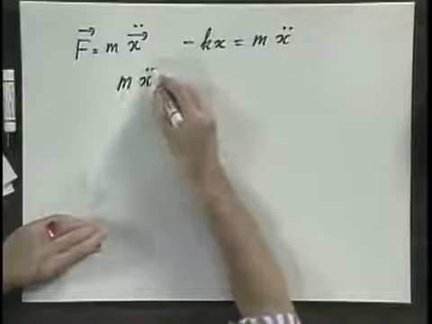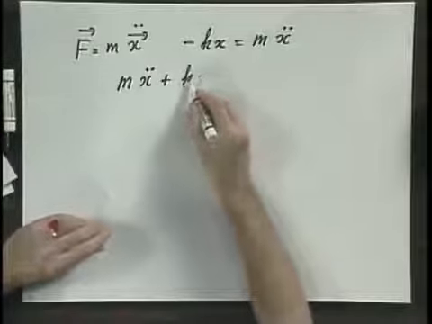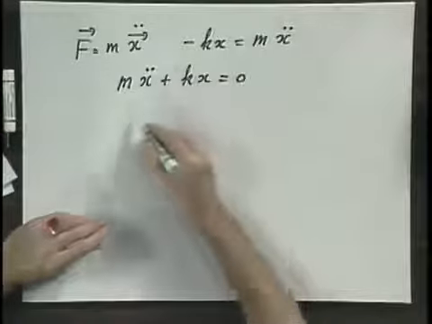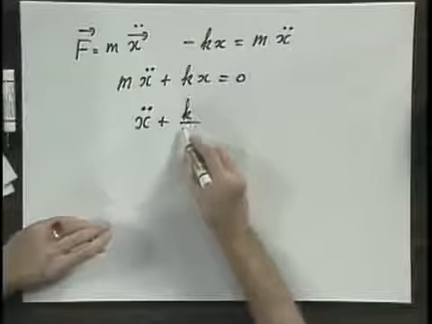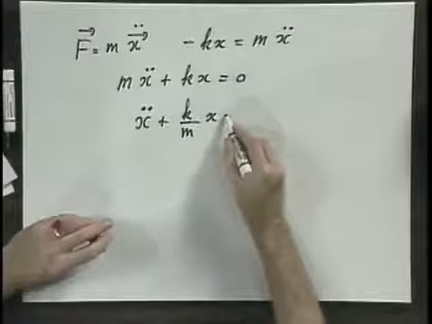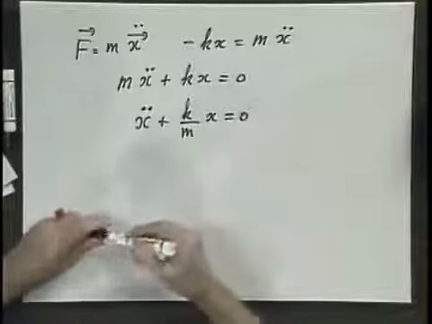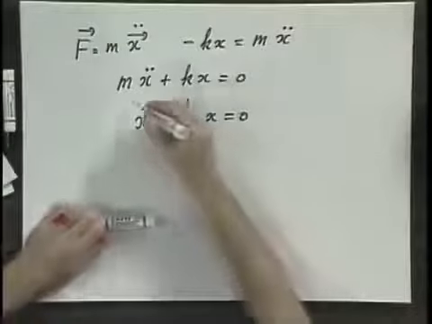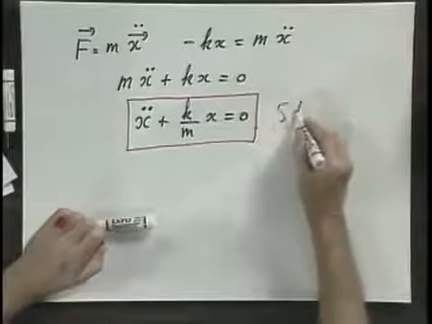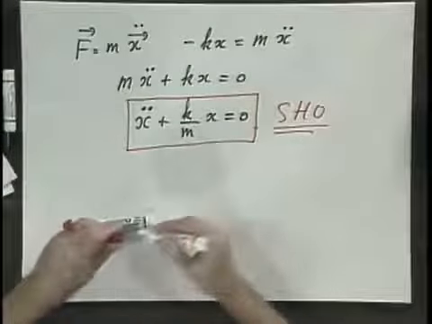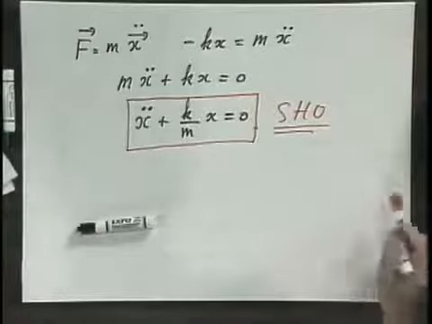I get m x double dot plus kx equals 0. I divide by m, and I get the famous relation x double dot plus k divided by m times x equals 0. And that is famous in that this means immediately when you see this, this is a simple harmonic oscillation.